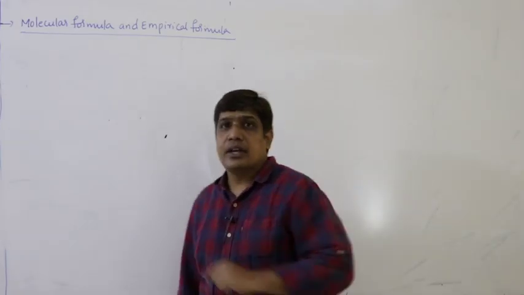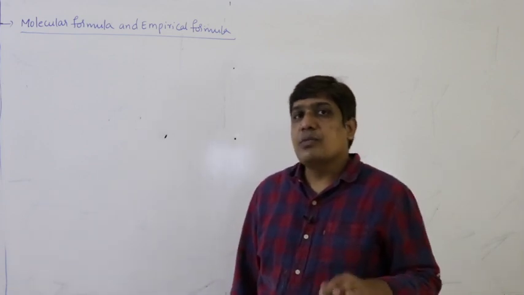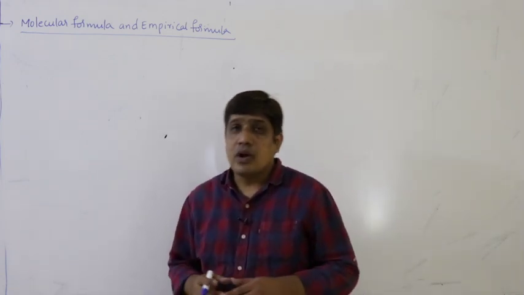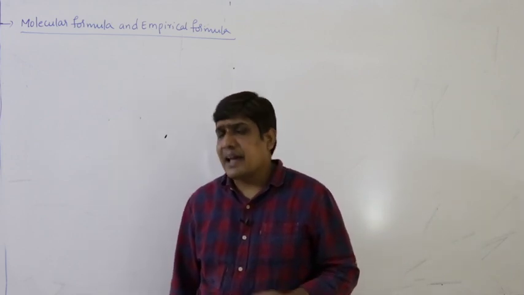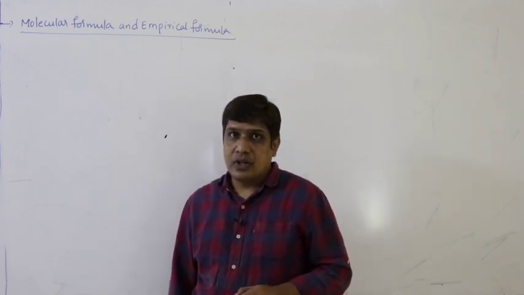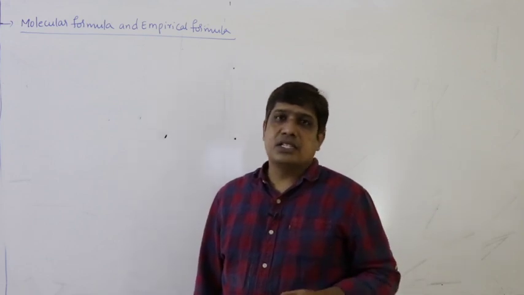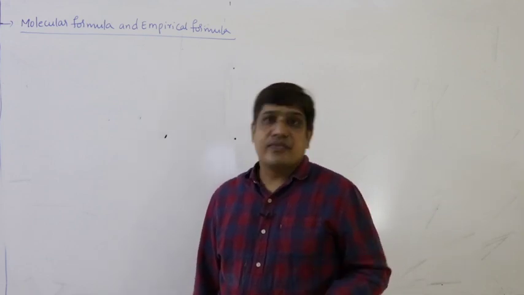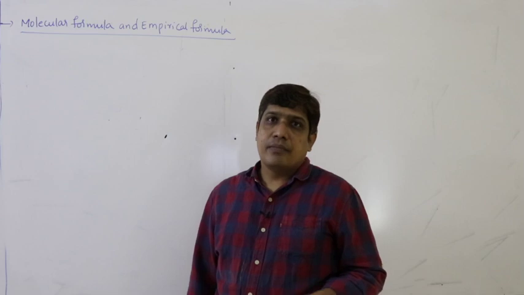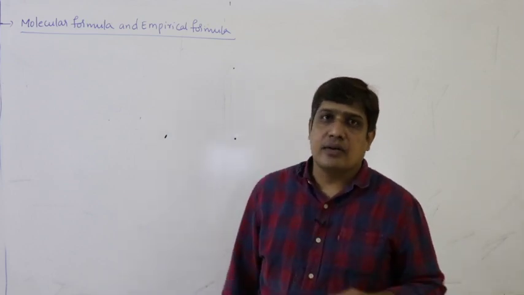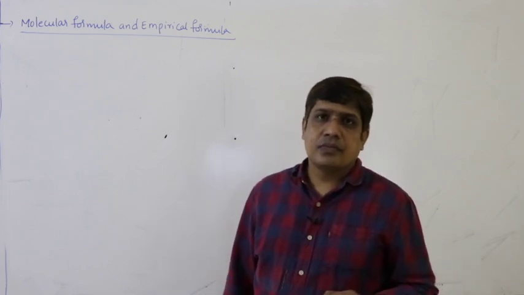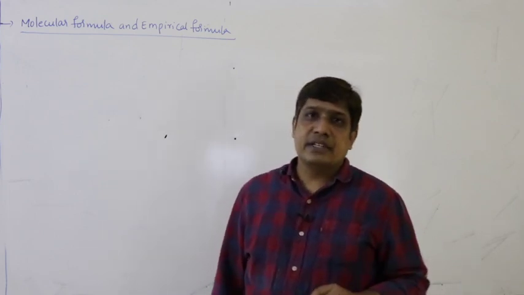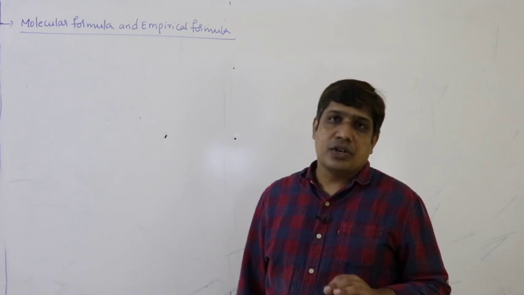Molecular formula and empirical formula. What is molecular formula? Molecular formula of any compound represents the exact number of atoms of each element or of different elements present in each molecule of a compound.